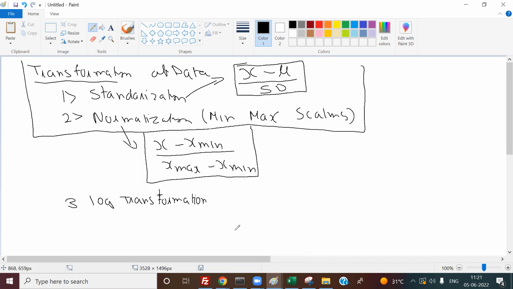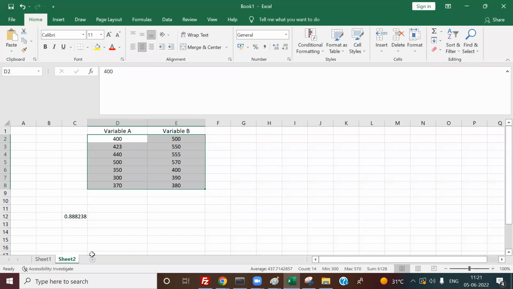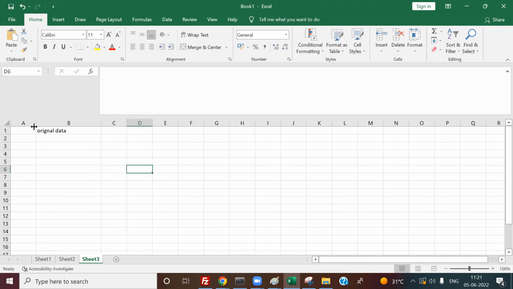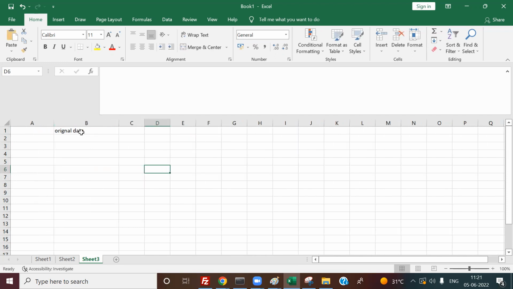Is the Excel sheet visible to you? Okay. Let me say this is the original data, and let me put some numbers.